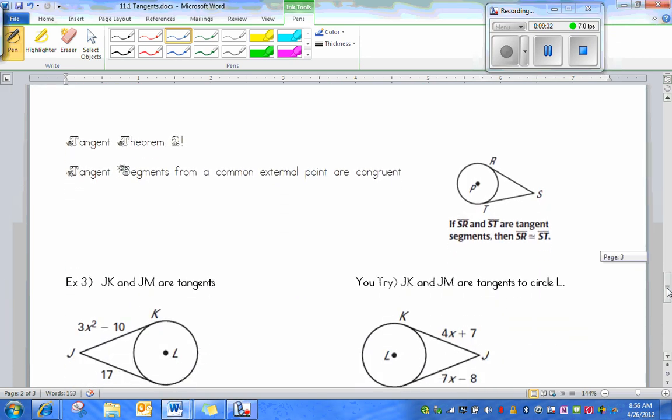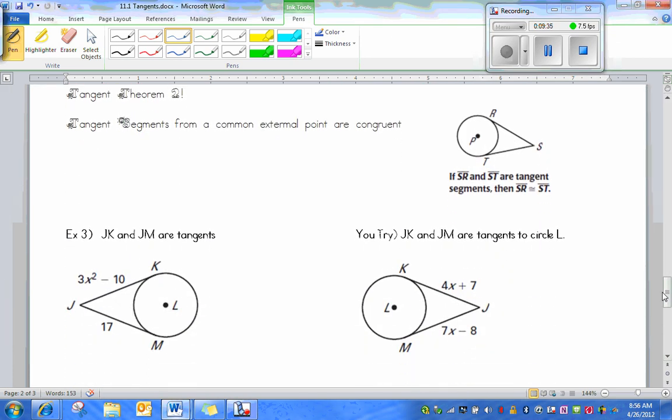Okay, and the last thing we're going to talk about with tangents is tangent theorem 2, and this one I kind of like to think of as the party hat example. And here's how it works. If you draw two tangents from a common point, so here we've got point S, and there's two tangents to circle P, RS and ST. If they're drawn from a common point, just like a party hat, those two segments or tangents have to be congruent.